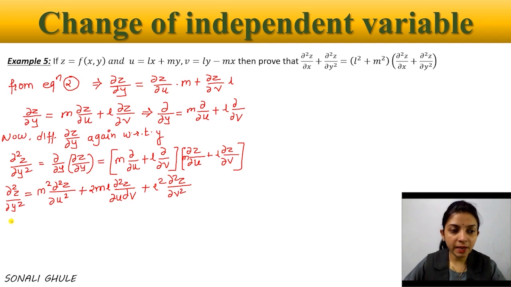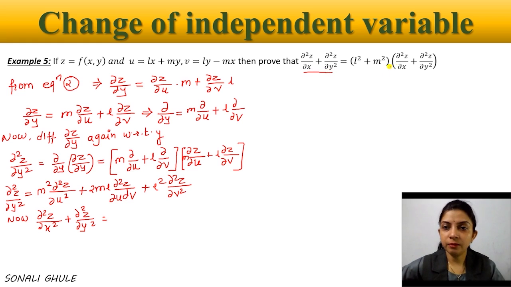So if I take the addition now, dou 2z upon dou x square plus dou 2z upon dou y square, that is our actually left hand side. Here definitely it should be u and this should be v, not x and y. That is a correction.